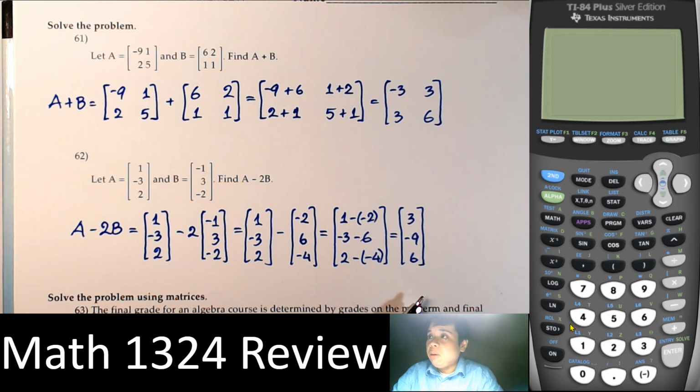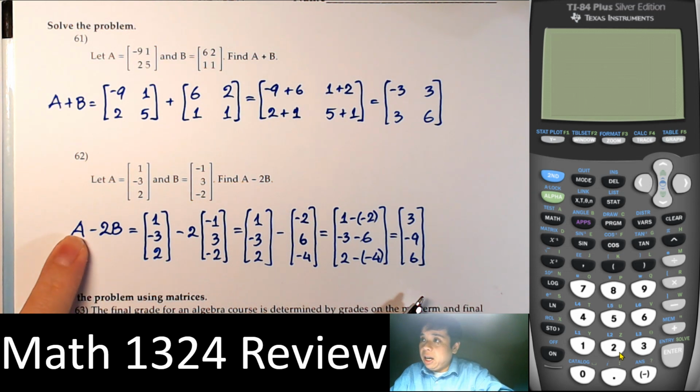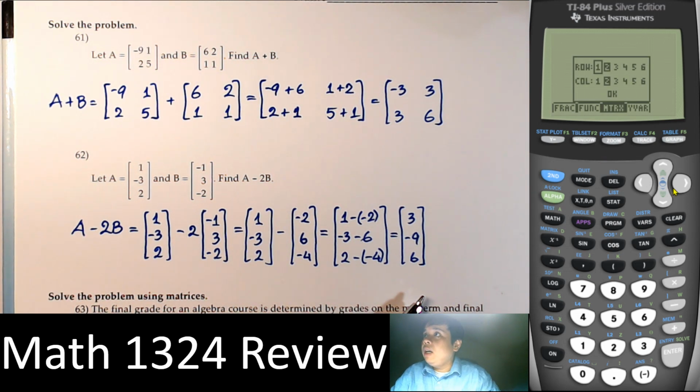Right, now I'm just going to show you one problem on the calculator. If you have the TI-84 like this, we just enter everything on the home screen. So hit alpha and zoom. But first there's A, so matrix A, alpha, zoom. And this one is a matrix of 3 rows, 1 column.